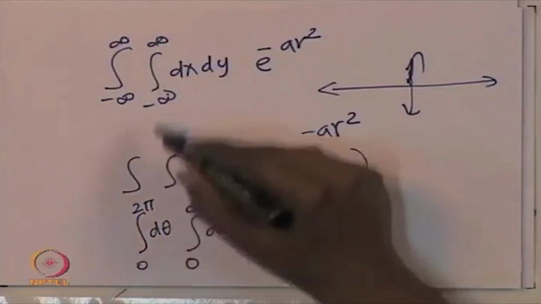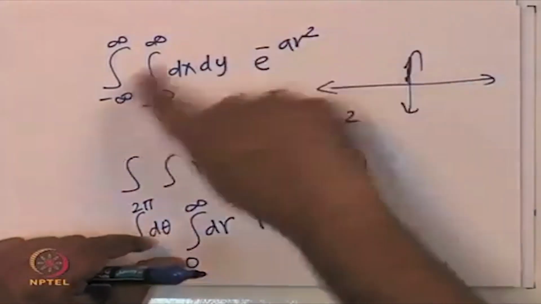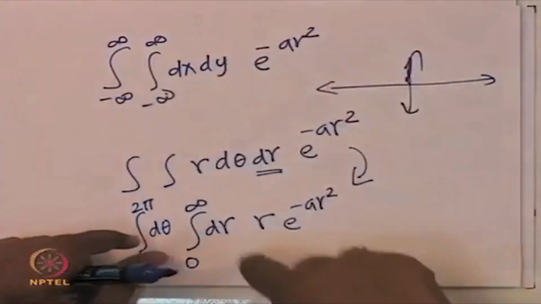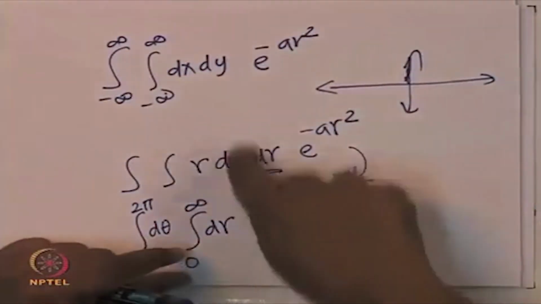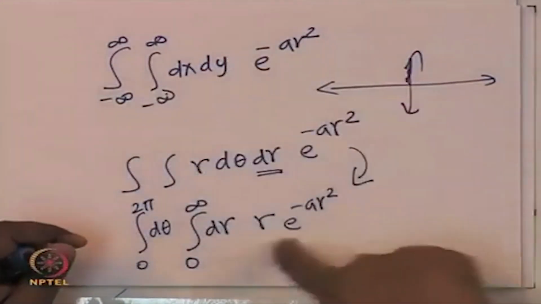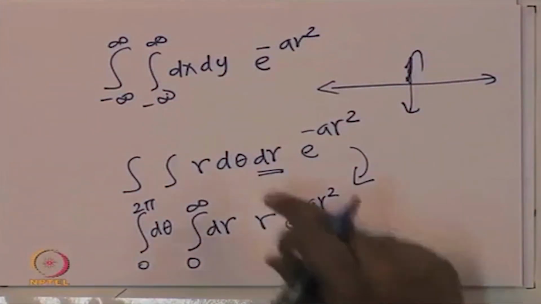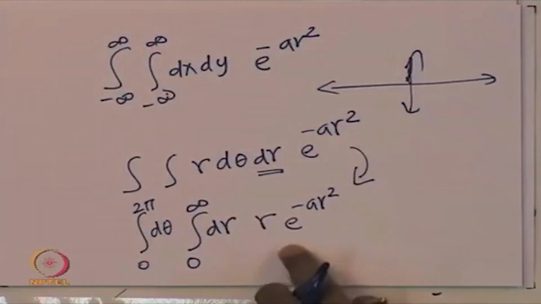Instead of minus infinity to infinity, here r will go from 0 to infinity and theta will go from 0 to 2 pi. Then this will cover any circle or any function in 2D. So, these two integrals are equivalent, and we can as well do this integral.